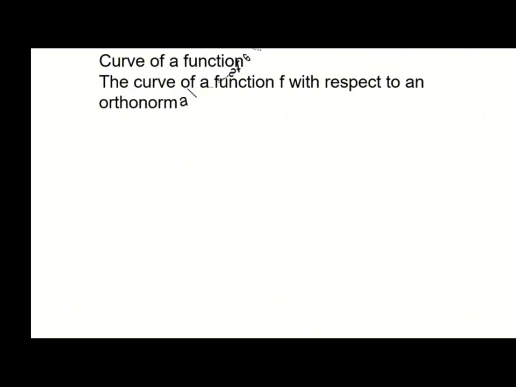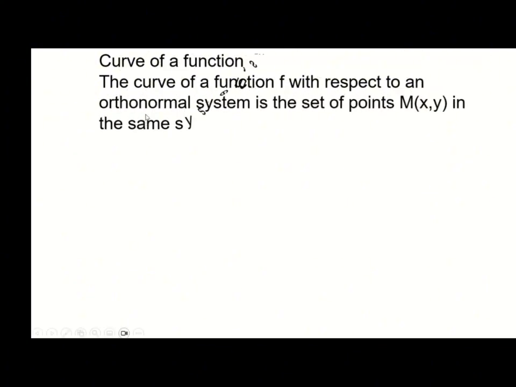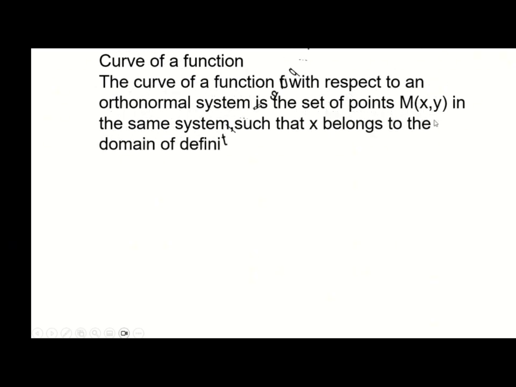Curve of a function. What is a curve of a function? Let us give the definition of the curve of a function in general. The curve of a function with respect to an orthonormal system is the set of points M of coordinates x, y in this system such that x is in the domain of definition and y equals f of x.